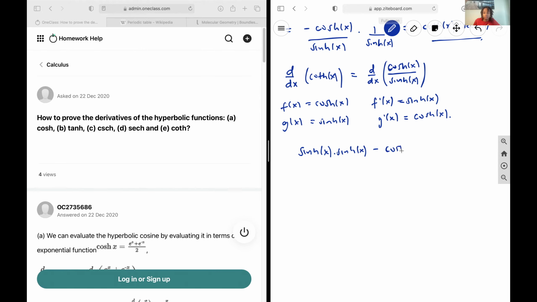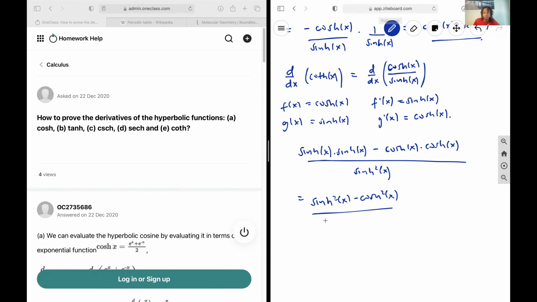minus over, and so this will become this. And then let's see if we have any identity for that. Okay, so we know that this can be rewritten in the form negative minus this.